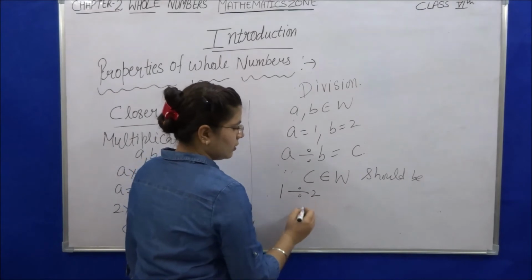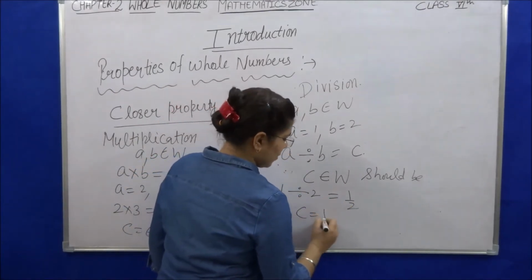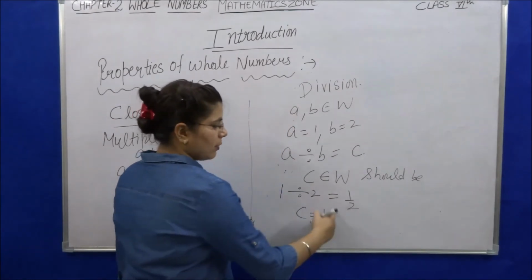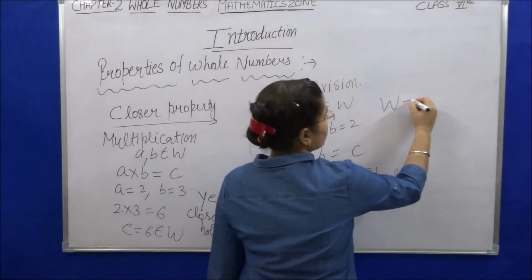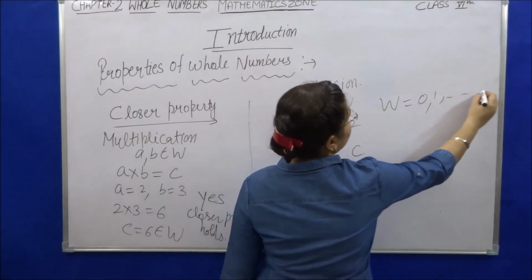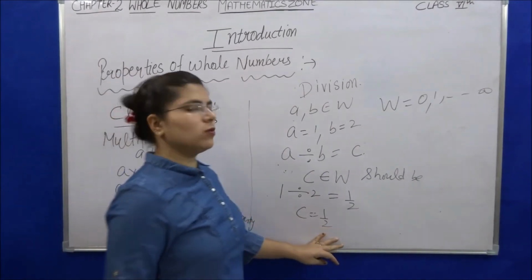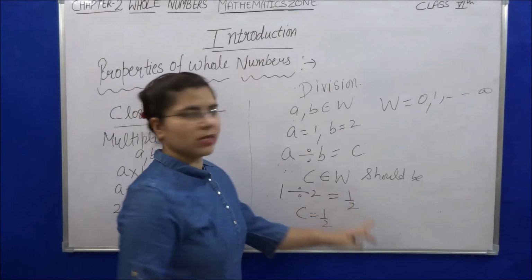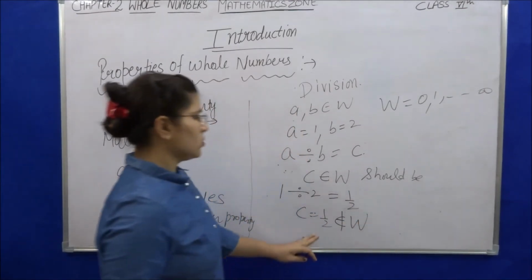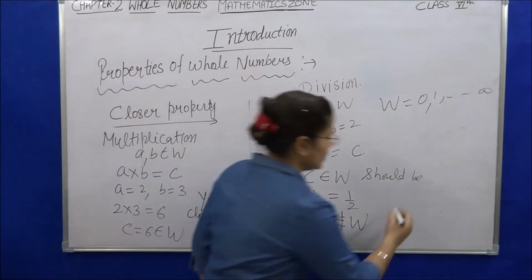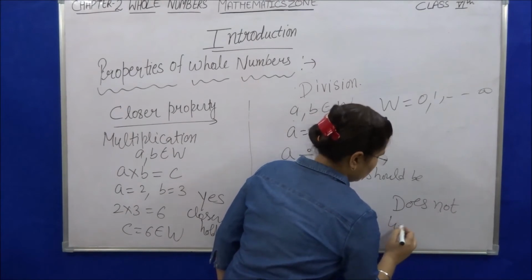So 1 divided by 2 is 1 upon 2, and therefore c is 1 by 2. But 1 by 2 is not a whole number. So closure property does not hold.